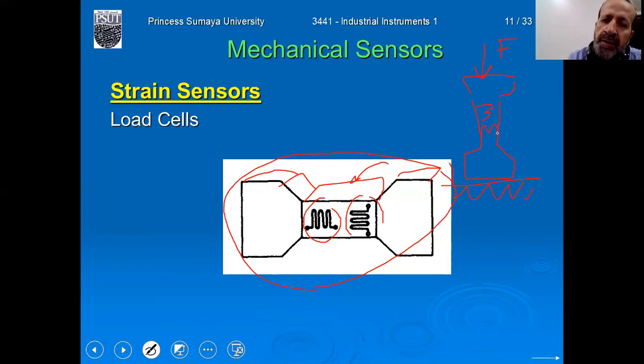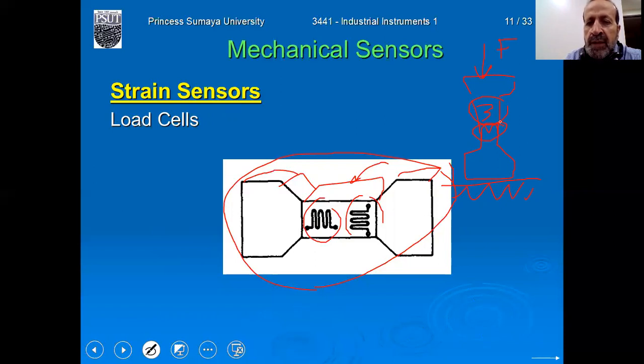Then the length of the active strain gauge, this one, sorry, will increase. So the load cell is mainly used to measure weight.